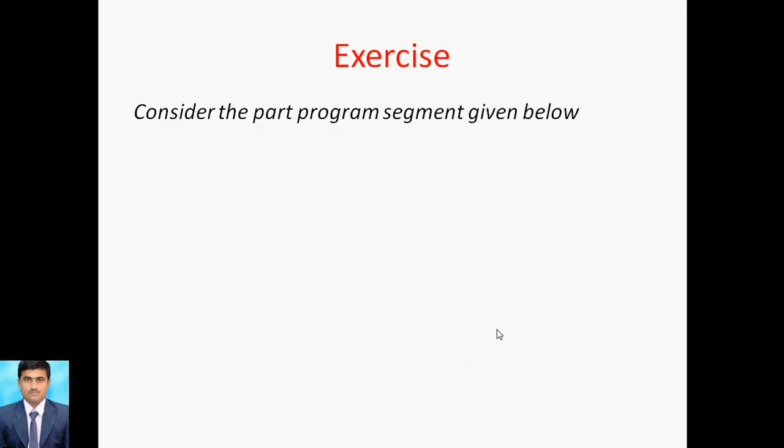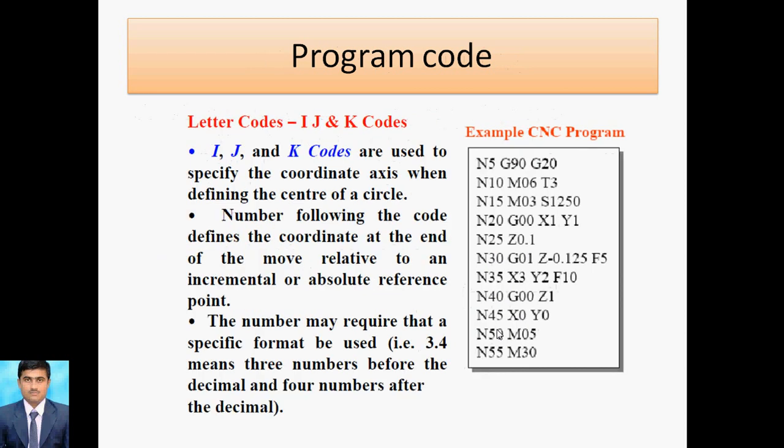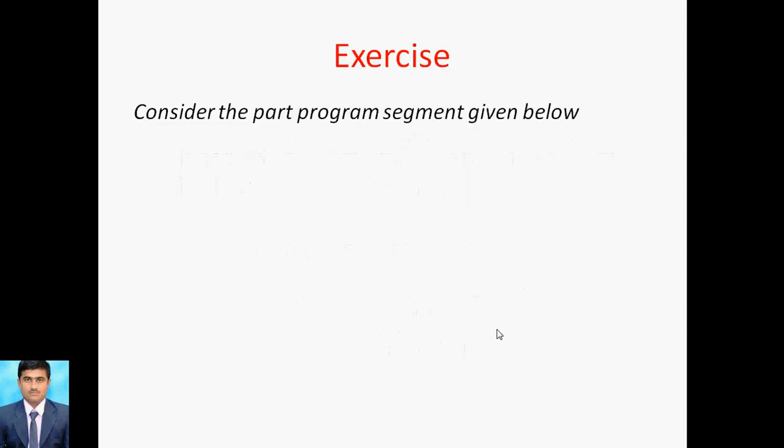This is the block system. Now that we know the blocking system with the help of sequencing operations, we can take an exercise. So this is N001. Here we mention 0, 1, that is called a block, or sequencing of operation.